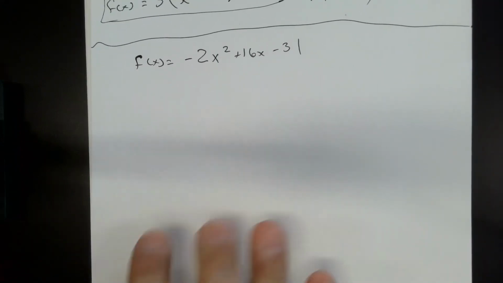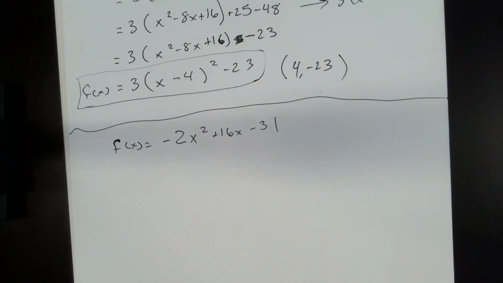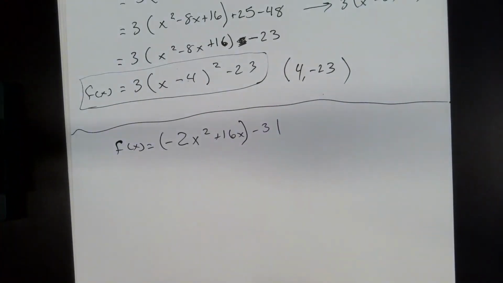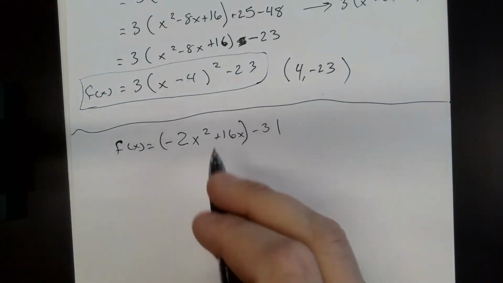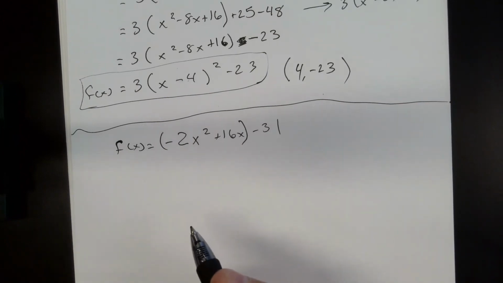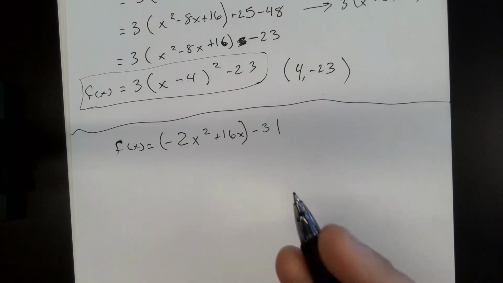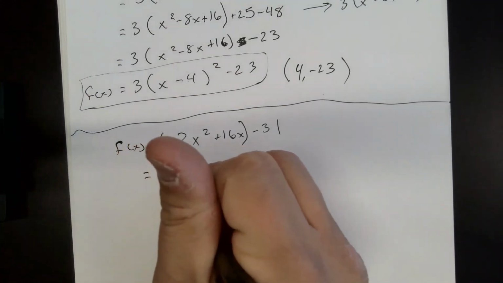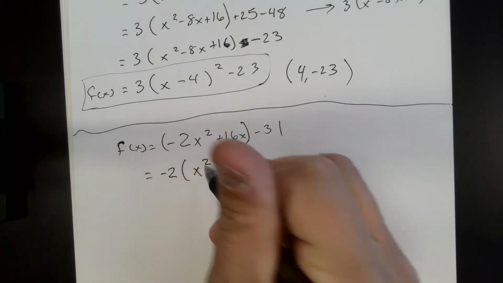Okay, here we go. So the first thing we're going to do is group ax squared plus bx. So we're going to group them. Here we go. So would it be -2 of an each? Okay. So you factor out a, basically. You're going to factor out whatever a is. So a in this case is -2, which leaves us x squared.